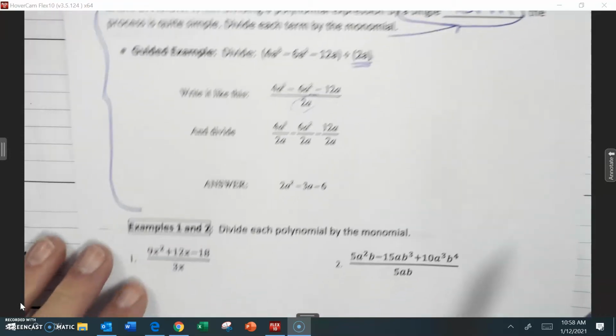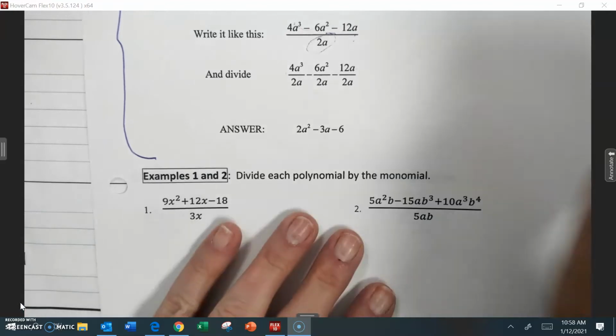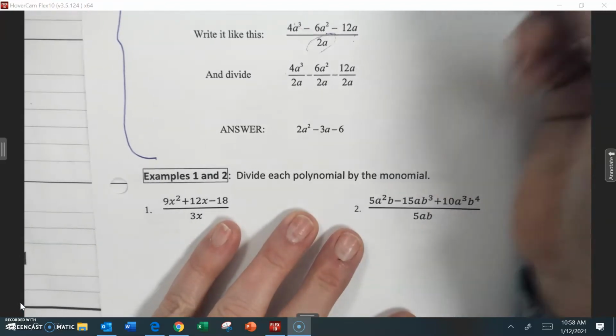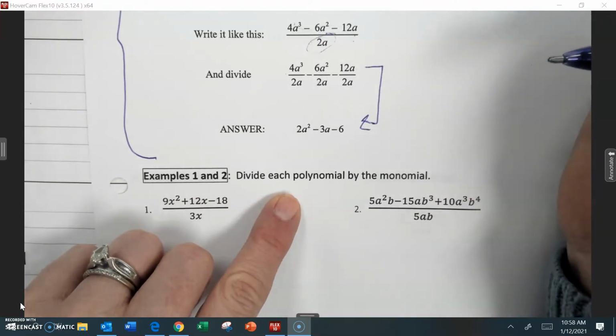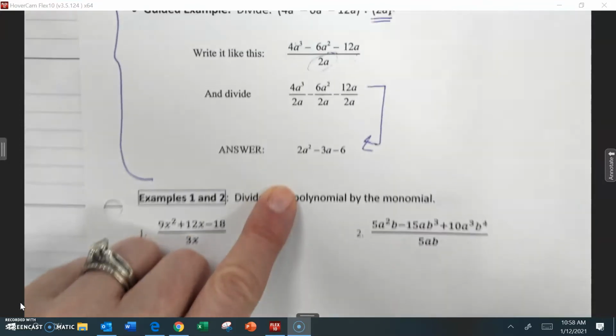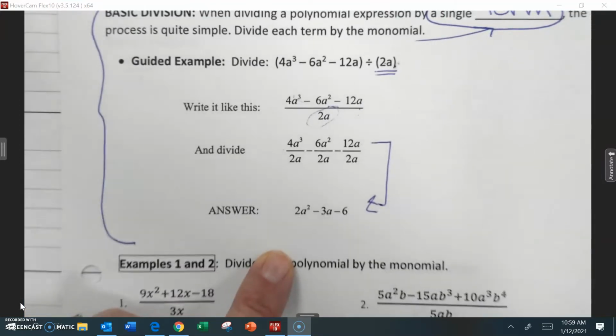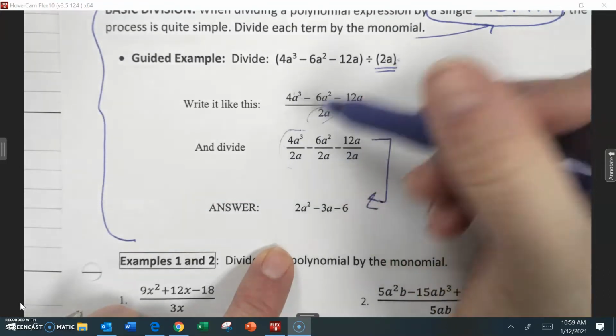Okay, and when we look at how they simplify this, you need to know your exponent rules. You ready? So let's see, how did they get from here to here? I'll zoom in a little bit more to make it bigger. Let's just focus on this first one.